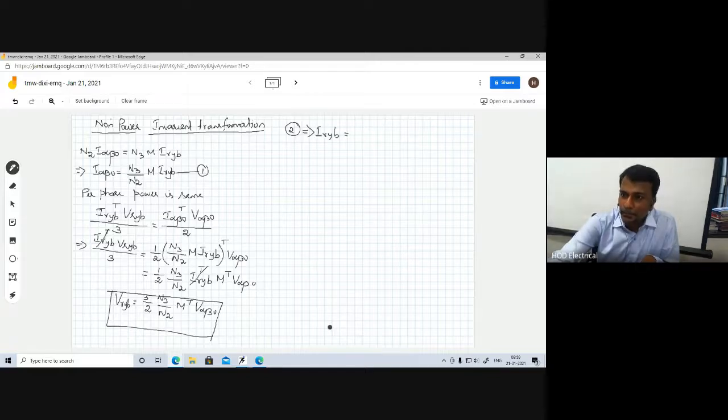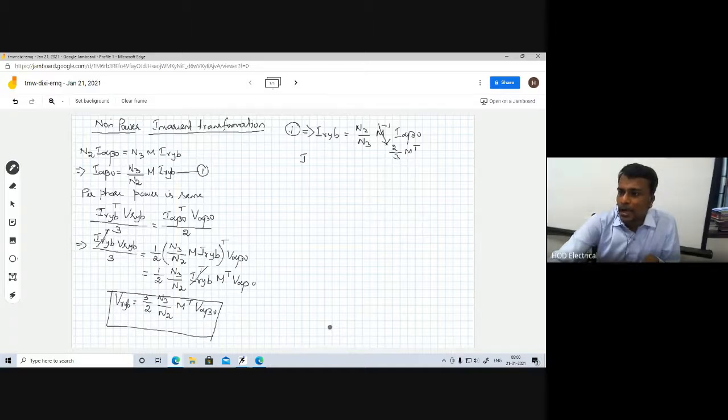The first equation gives I RYB. Already we have found V RYB. Now we can find I RYB equal to N2 by N3 into M inverse into I alpha beta naught. Already we know M inverse is nothing but 2 by 3 M transpose.